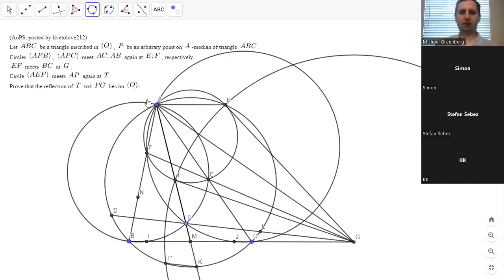I'm not sure how easy that is, showing ANPH is cyclic. I was saying power ratio lemma, but maybe the gliding principle also works.